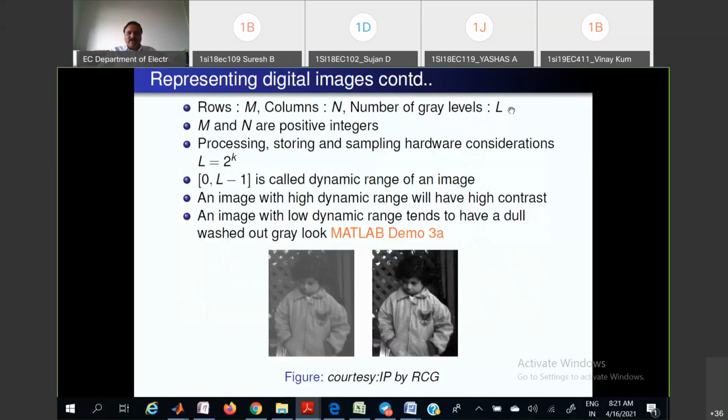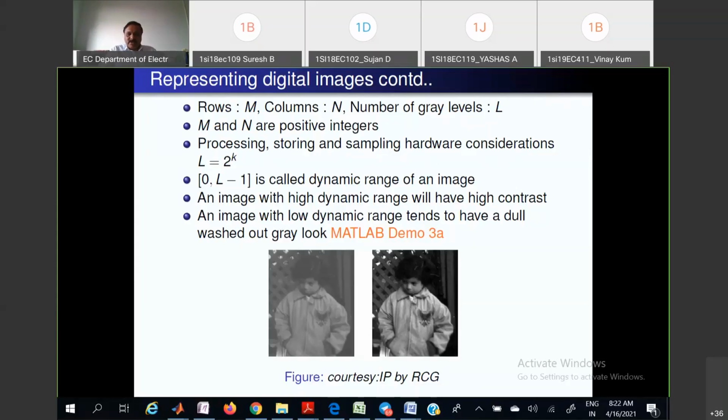You can have L number of gray levels, and this L is decided by how many bits I am using to represent an image, and definitely m and n are to be positive integers, and of course L also. Considering processing, storing and sampling hardware, usually L will be taken as 2 to the power of k.